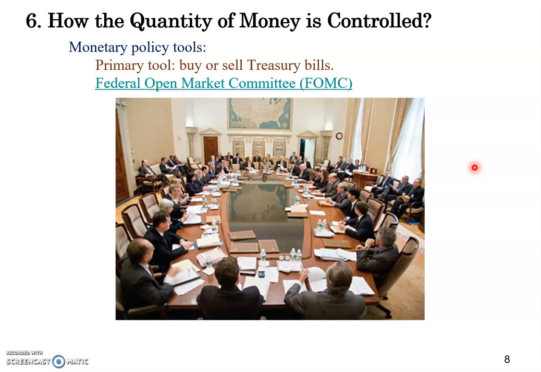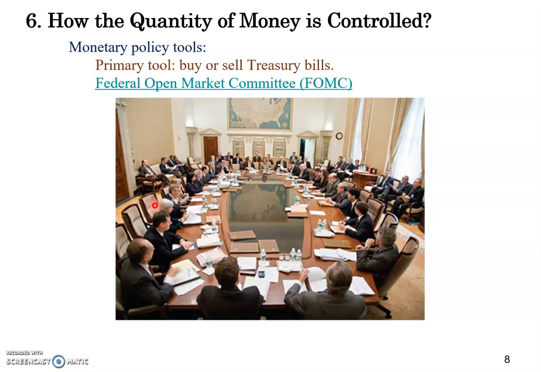Okay. And you would find that here sitting in the middle, that's Ben Bernanke, who chaired the Federal Reserve then. Okay. And you can also find here Janet Yellen. She is the former chairman of the Federal Reserve.